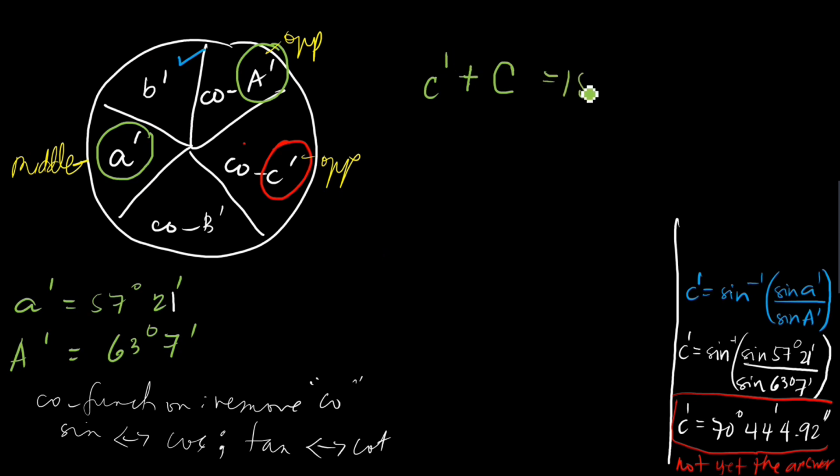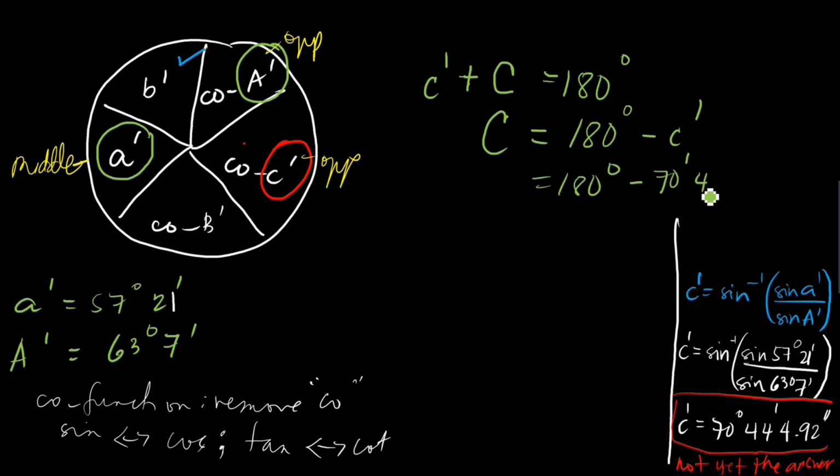Then this is equal to 180 degrees. Okay, so what we can solve here is the big C. So 180 degrees minus the small c prime. So 180 degrees minus what is our small c prime? So 70 degrees, 44 minutes and 4.92 seconds. So use your calculator.